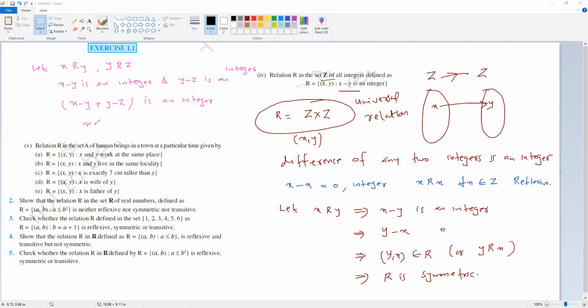So इसका मतलब x minus z is also an integer. x minus z integer मतलब as per your relation x comma z belongs to the relation, or in other words you can say x is related to z. That implies R is transitive. So this particular example is reflexive, symmetric and transitive. So it is an equivalence relation.